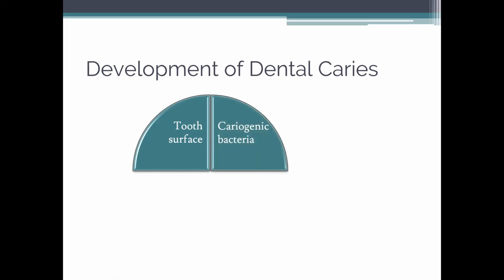You also have to have what we call a cariogenic bacteria. When we use the term cariogenic, it's telling you something responsible for forming cavities. I'll use the term dental caries. I'll use the term decay, caries. I had one student that used to call it rottenness. So I like that.